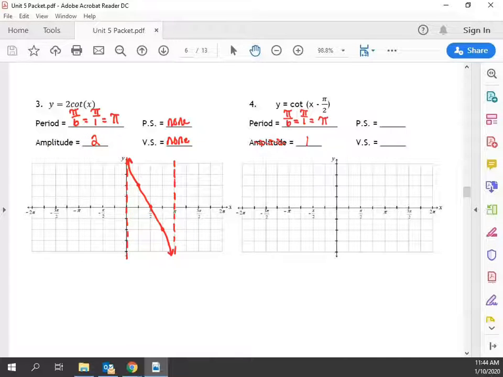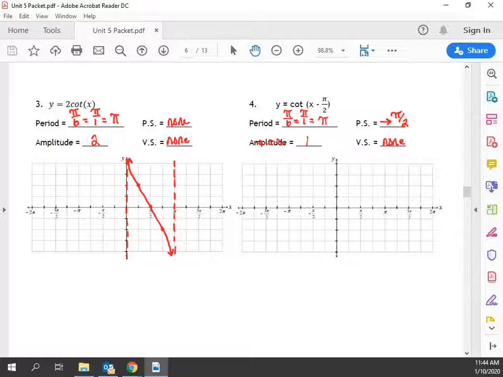Okay, any phase shifting here on this? Right, pi over 2. Any vertical shifts here? None. So let's go ahead and start this out. As we did before, guys, with cotangent, pretty much the same thing with tangent too, we got to start somewhere. Well, with cotangent, you're starting with an asymptote. And if there's no transformations, it starts at the y-axis.